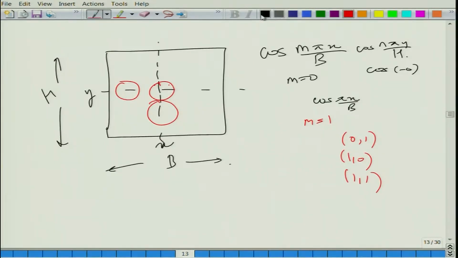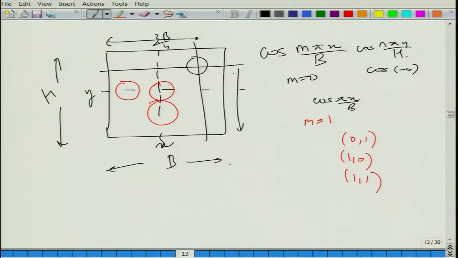Similarly, if the port is located at this point, it is easy to say this is 3b by 4, this is 3h by 4, cos of 2 pi x by h.